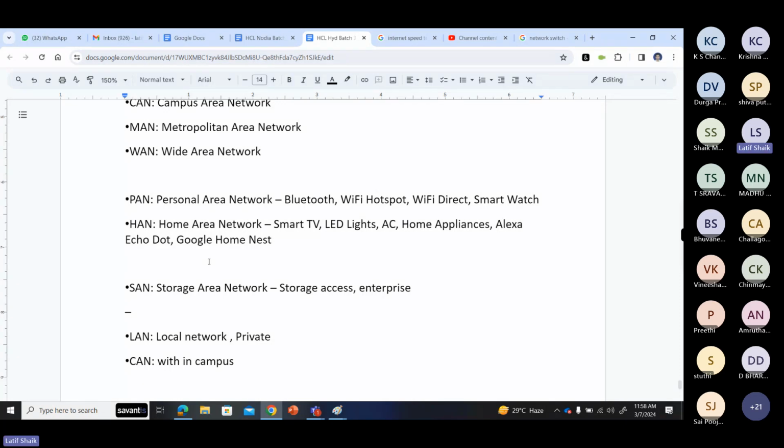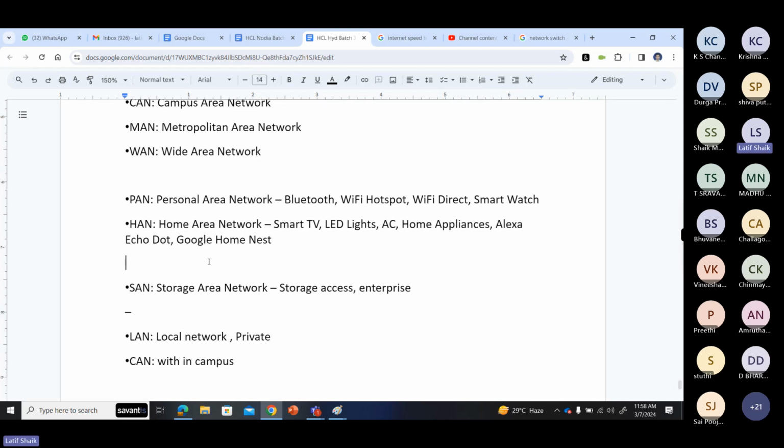For one person: my mobile phone, my Bluetooth earphones, my Wi-Fi hotspots, my laptops, my shoes, my watches, my belt, my specs. This is entirely one single person's connectivity. It's a personal area network.